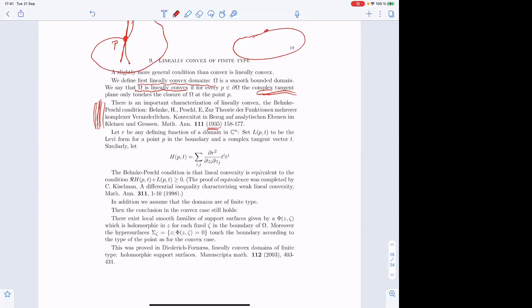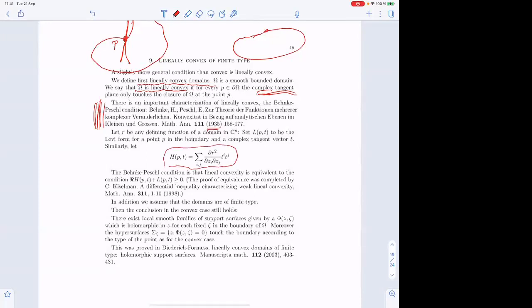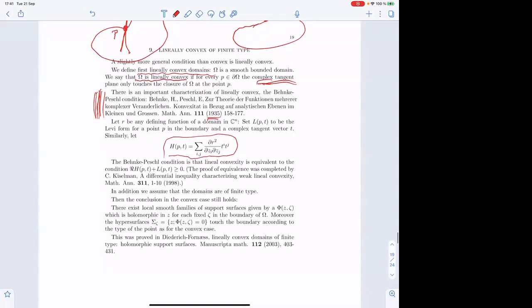They introduced some kind of holomorphic version of the Hessian, where on the Levi form you had d d^c of rho, i j bar, but this has only indices without bars, so half of the Hessian or something. And the Bianchi-Peschel condition is that linear convexity can be characterized as equivalent to the real part of this complex version plus the Levi form being non-negative.